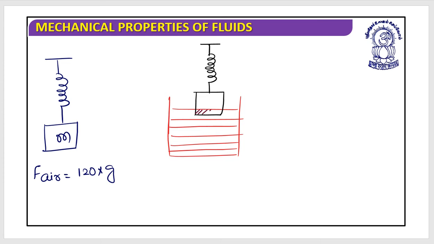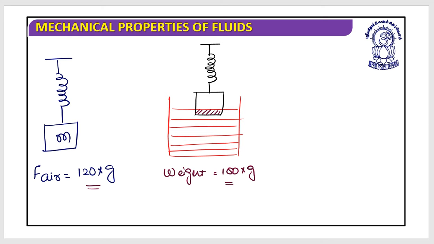Only this segment of the body is within the liquid and the other segment is within the air. So the weight I received is 100 into g, which is less than 120 into g.